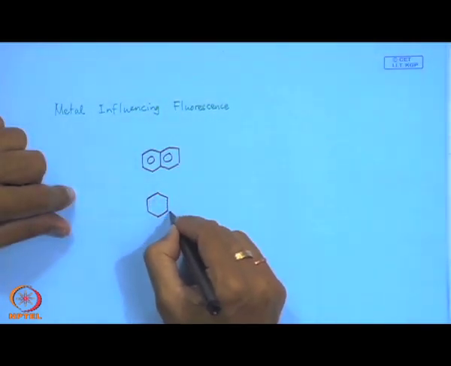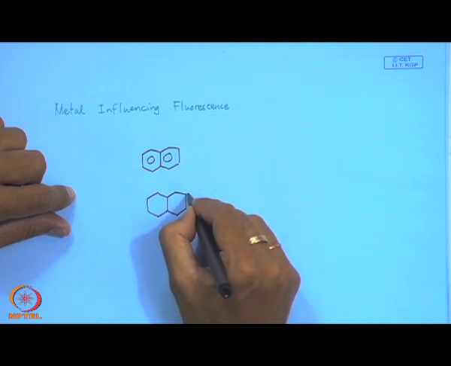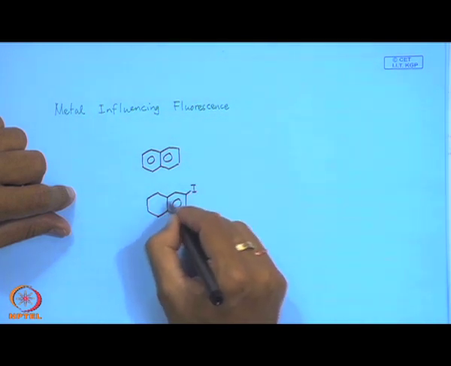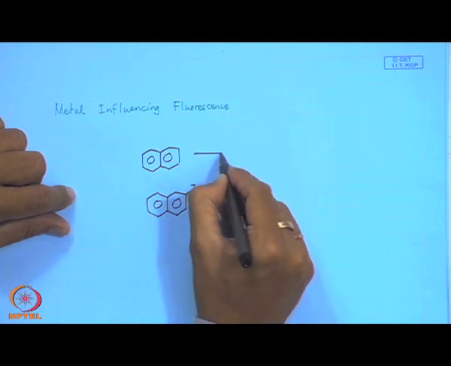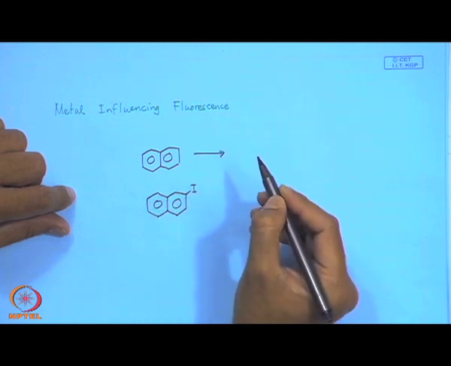Suppose you start with naphthalene, and another example is 2-iodo-naphthalene. In this case, what do you expect?